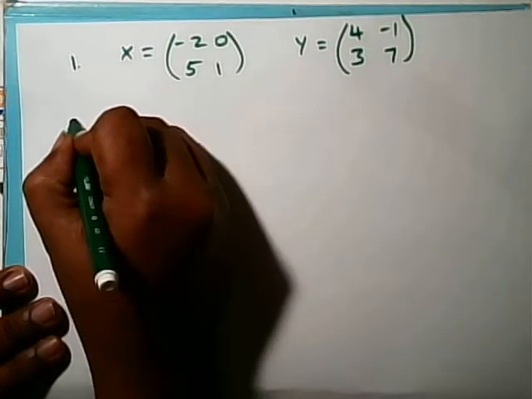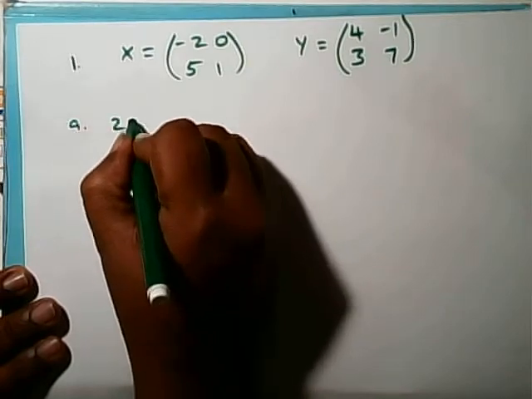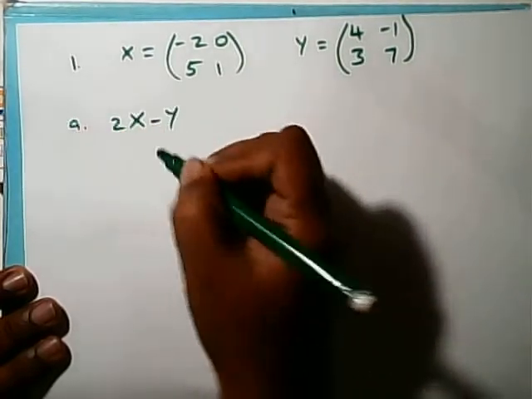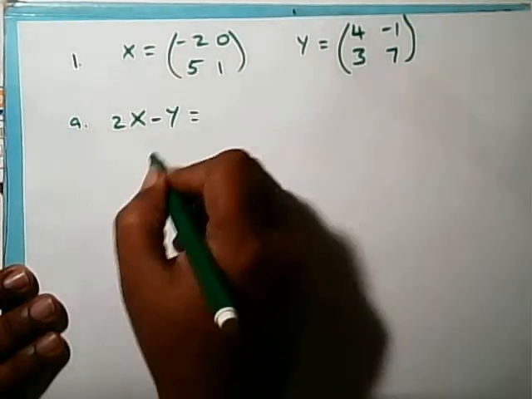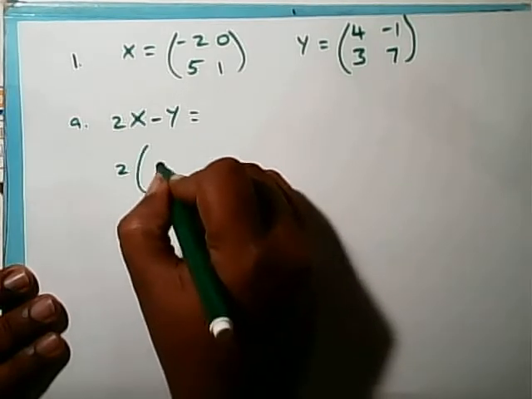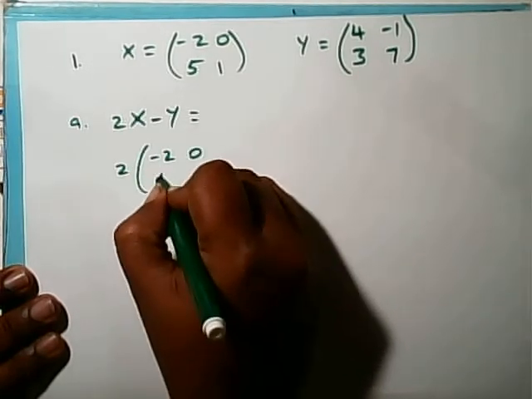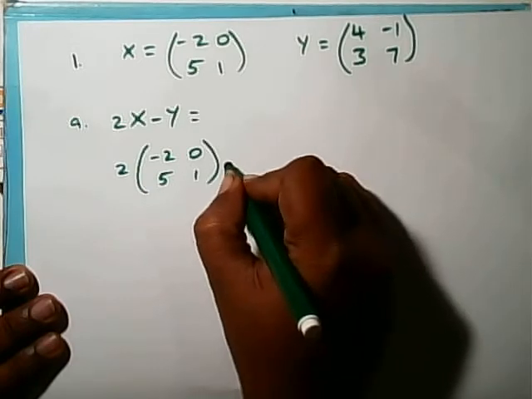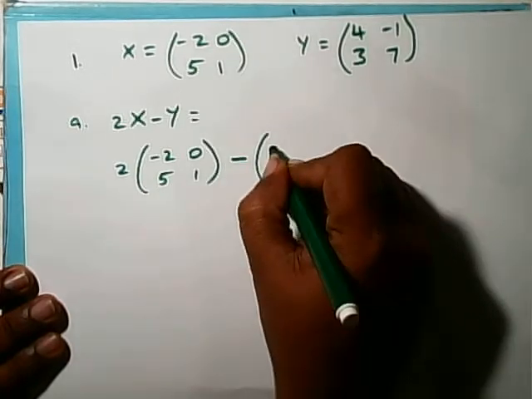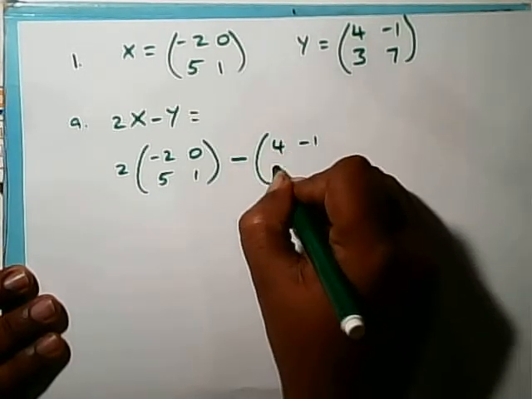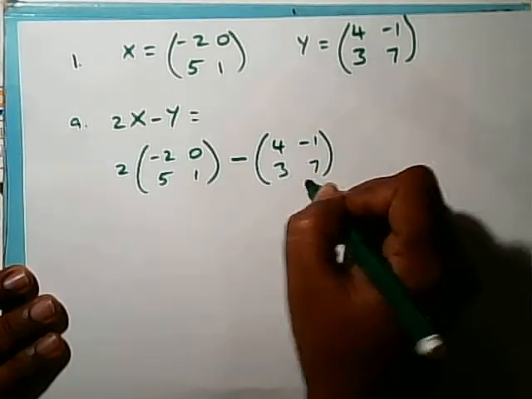We have to find out part A. What is 2x minus y? So 2x minus y is 2 times minus 2, 0, 5, 1, take away 4, minus 1, 3, 7.